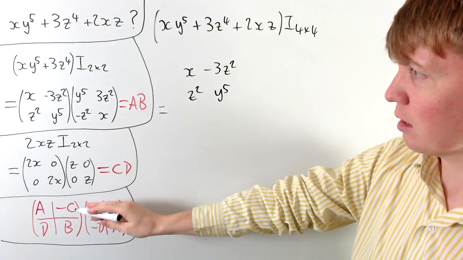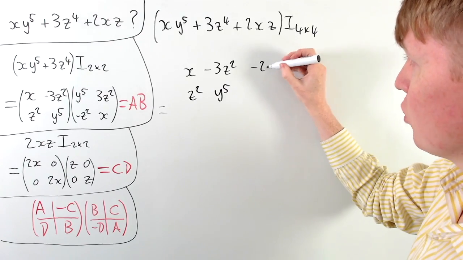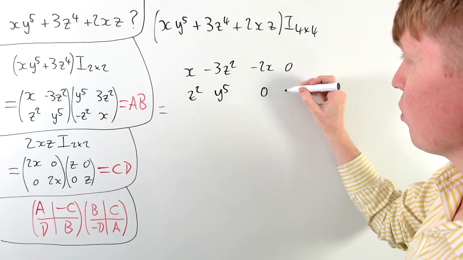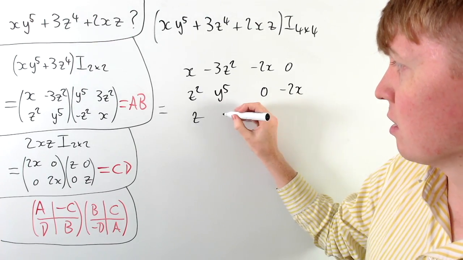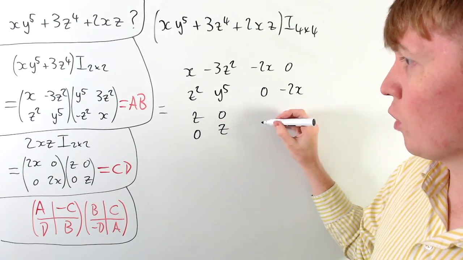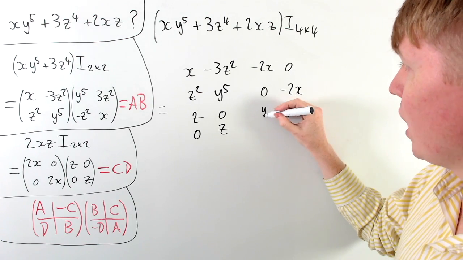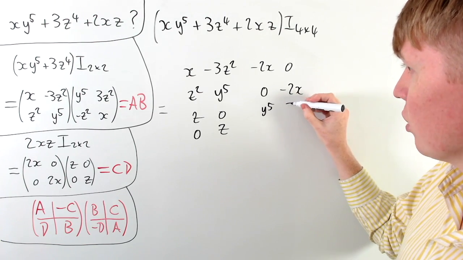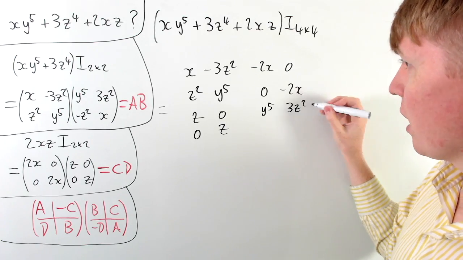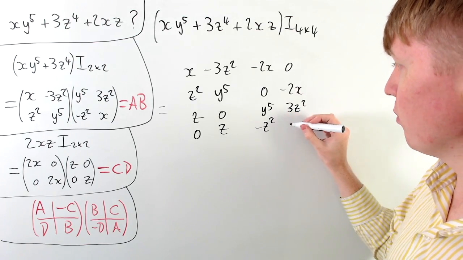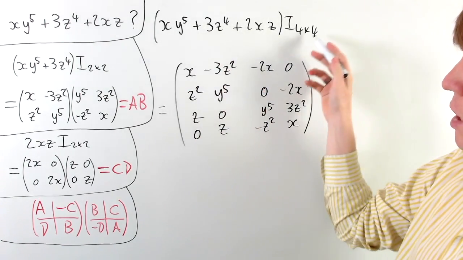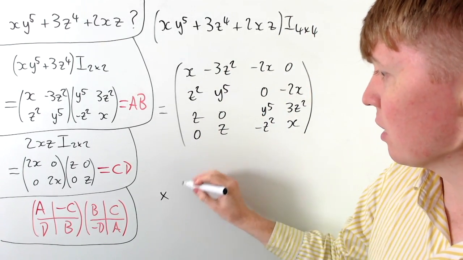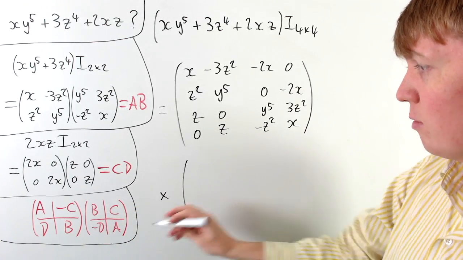Then we've got our negative c in the top right, so negative 2x, 0, 0, negative 2x. In the bottom left we've got our d matrix, z, 0, 0, z, and we've got b in the very bottom right, so y to the 5, and we've got positive 3z squared, we've got negative z squared, and finally x. So this is our first 4x4 matrix in the factorisation of this. Then we multiply this now by the b, c, negative d, a matrix.